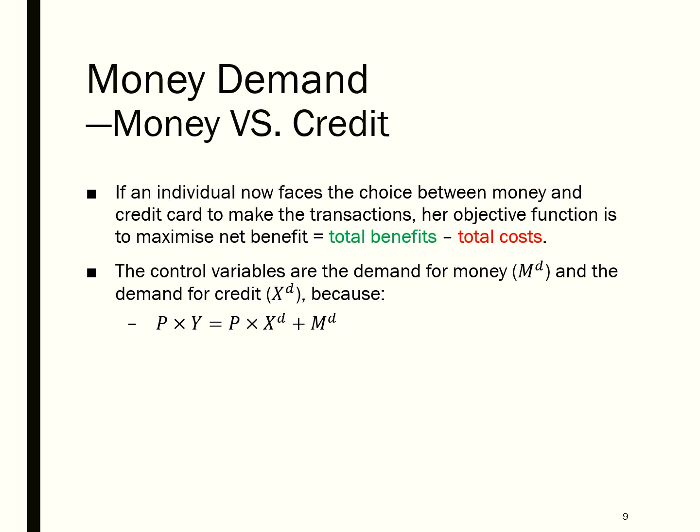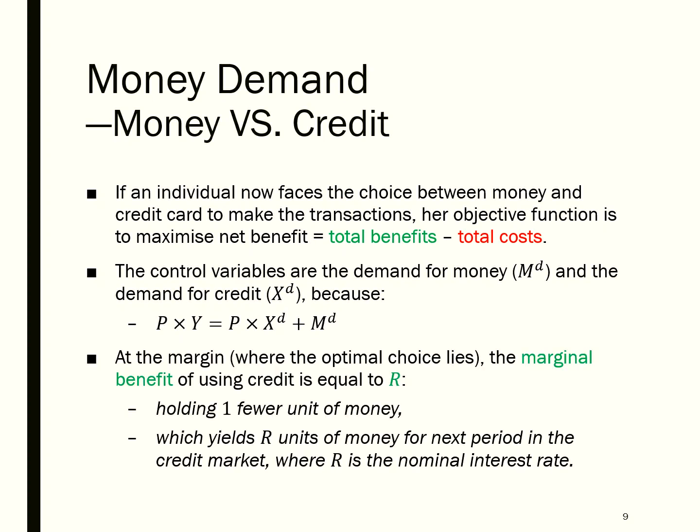If the credit you are using to pay is equal to XD, standing for demand for credit, then you have to multiply that real unit of credit by P as well. P is the nominal price, and MD is demand for money. So basically, you are choosing between XD and MD to optimize your transaction cost.